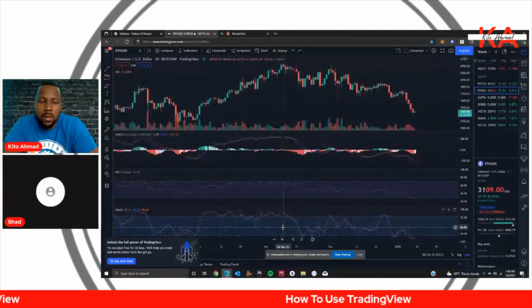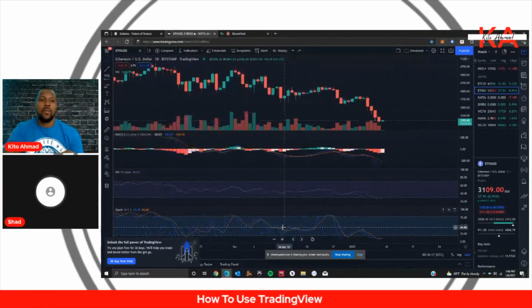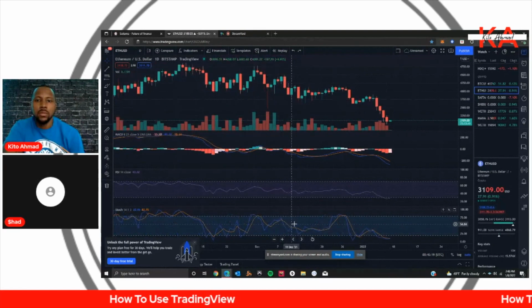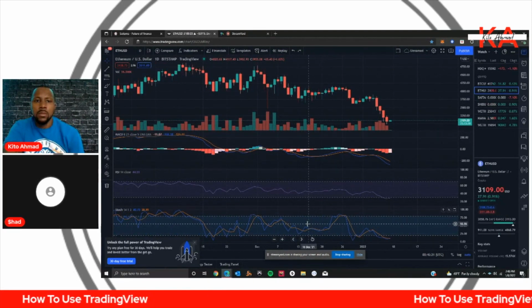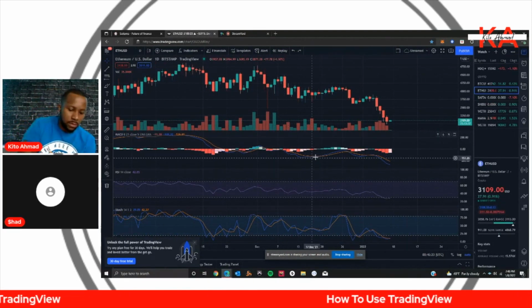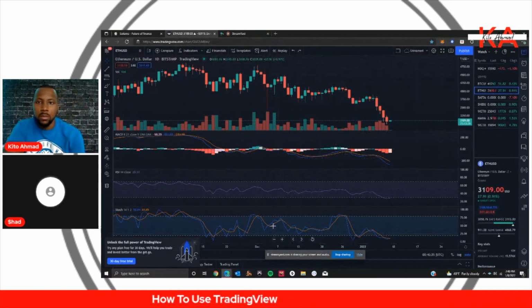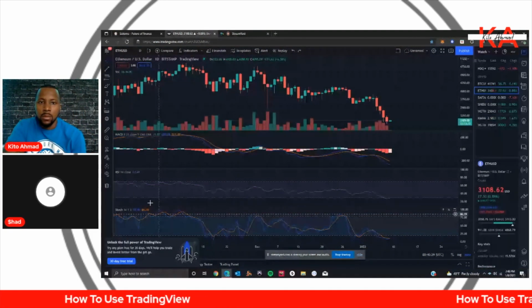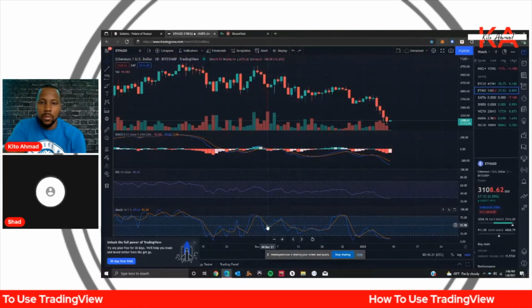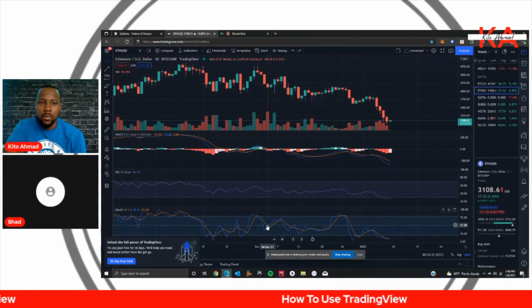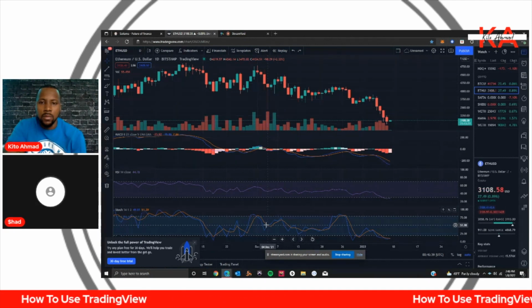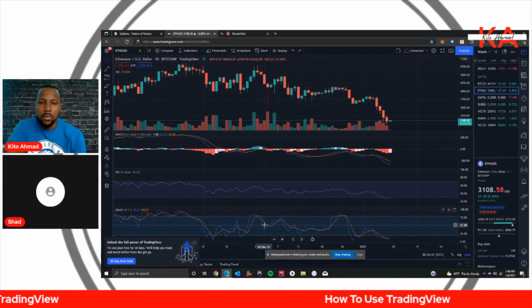And then the stochastic cross is very similar to the MACD, but you can see how smooth the line is here, how the blue line is down here. The stochastic is a moving average of a moving average. So it's like making a copy of a copy, or it's like using a magnifying glass.